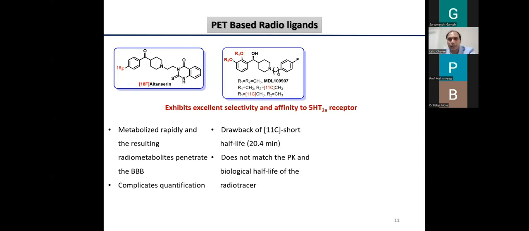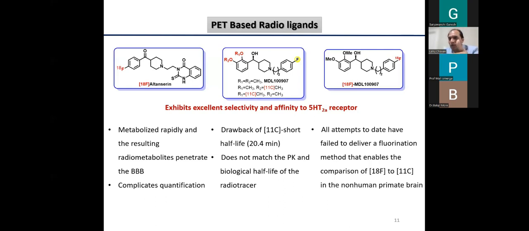That's what makes it more complicated to quantify this molecule. Since this molecule has fluorine here, we thought this fluorine can be replaced with F18, and we can make a better radiotracer.